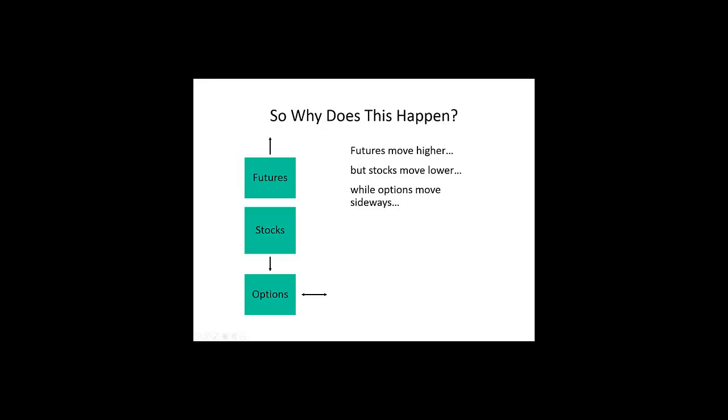Because this doesn't make sense. What is the element, the phantom menace that has creeped into the markets and like a virus has changed, literally changed the DNA of the structure of the markets?